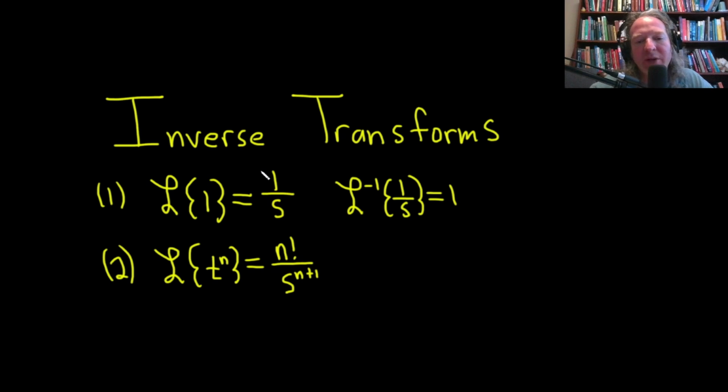Now, most books say that this formula is valid for n equals 1, 2, 3, etc. It is valid for n equals 0. In fact, if n is 0, you're up to this case here. T to the 0 is 1, 0 factorial is 1, and here you would get s to the 0 plus 1, so you get s. So when n is 0, this formula reduces to formula 1.